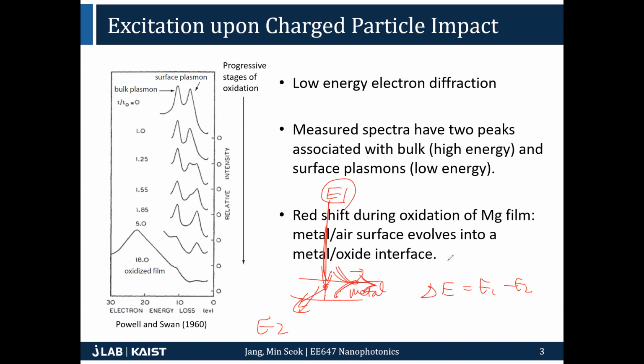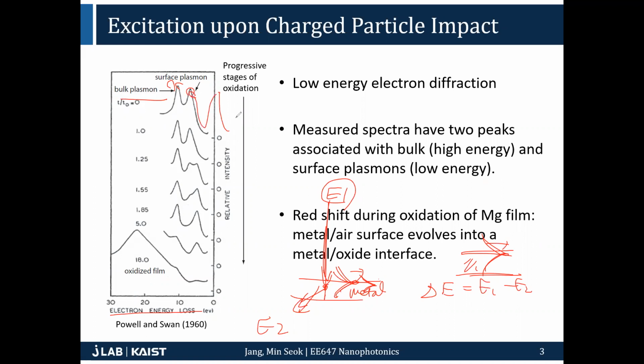So if you have a thin slab of metal, there are two ways that this electron can lose its energy. One is exciting a bulk plasmon, and the other is exciting a surface plasmon. So if you look at the electron energy loss spectrum, there are two peaks. One is from the bulk plasmon and the other from the surface plasmon.